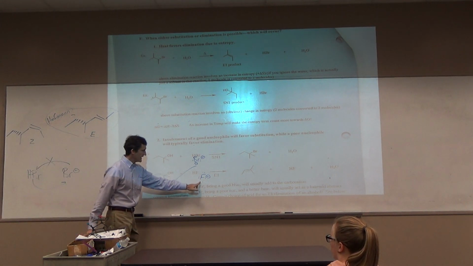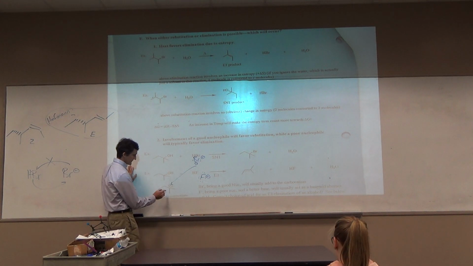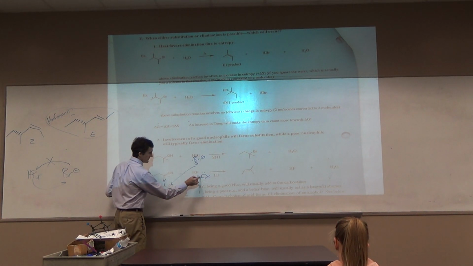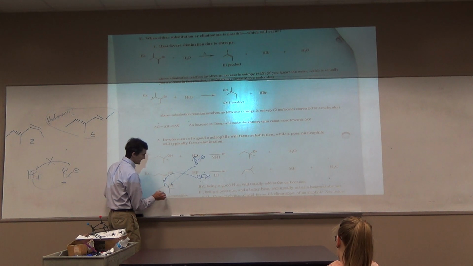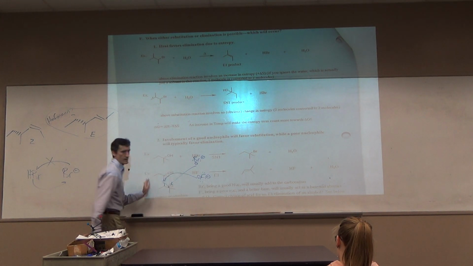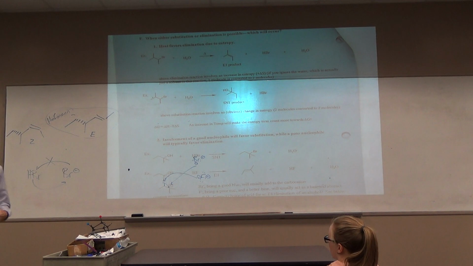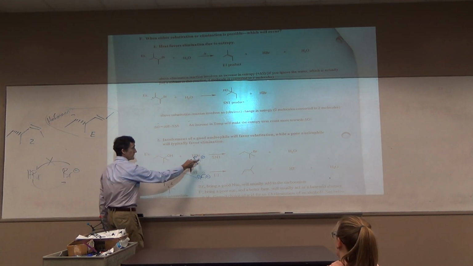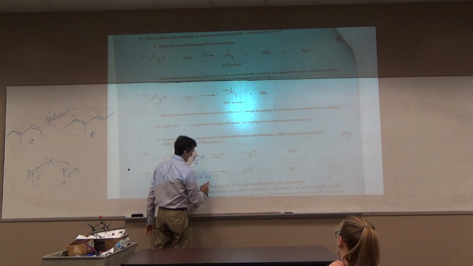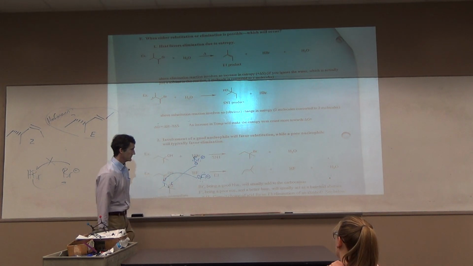It's going to be more prone to acting as a base and taking a beta hydrogen and giving that mechanism. Okay? Better the nucleophile, the more it's going to want to act as a nucleophile. That is, add to the carbon. Because when the species takes the H, we call it a base. This is going to act as a nucleophile. That's more prone to acting as a base. All right?